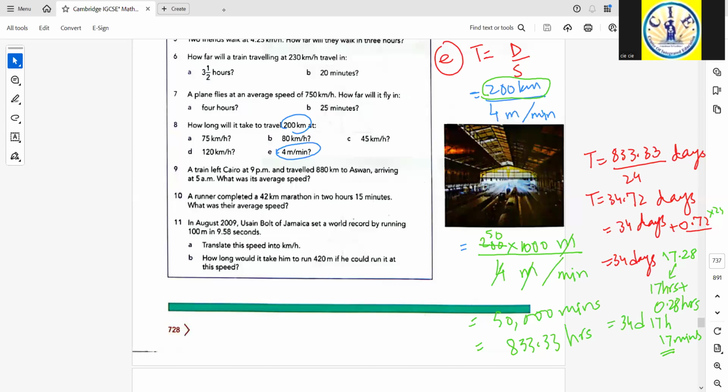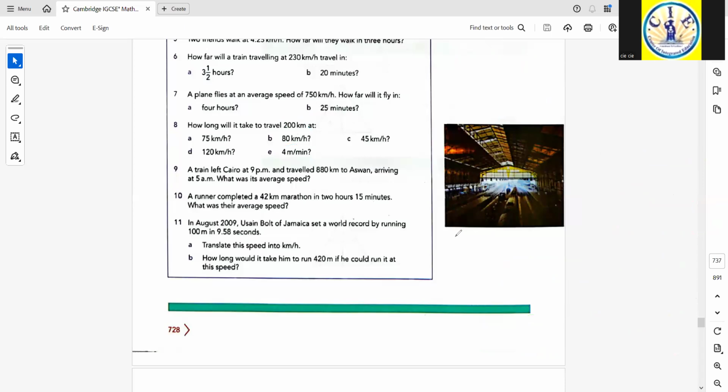Now it's question number 9. A train left Cairo at 9 p.m. and traveled 880 kilometers, that's the distance, arriving at 5 a.m. What was its average speed? As we need to find out.